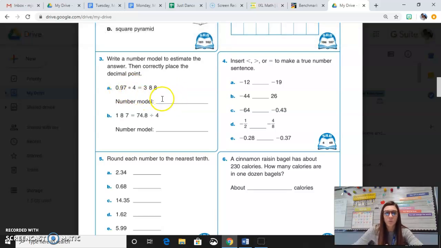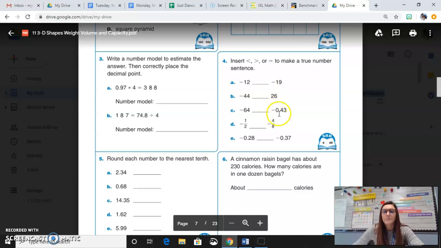I'll keep that because I know 1 times 4 equals 4. So on this line right here, you should have 1 times 4 equals 4. Then you know your answer is going to be close to 4. You need to put the decimal in here to make your answer close to 4, which would be right after that 3. 3.88, because 3.88 is close to 4.